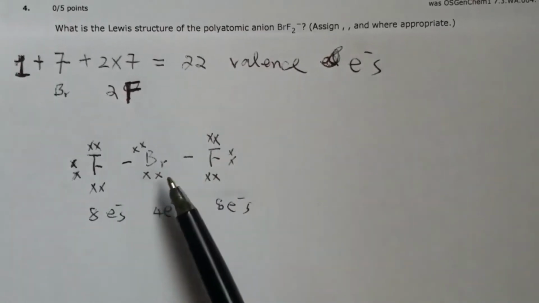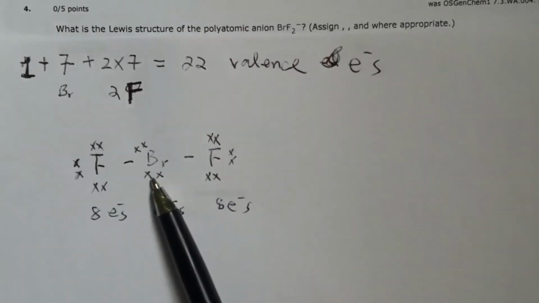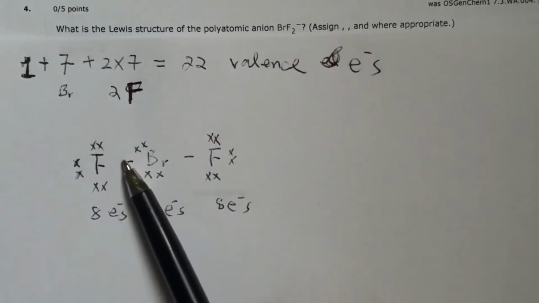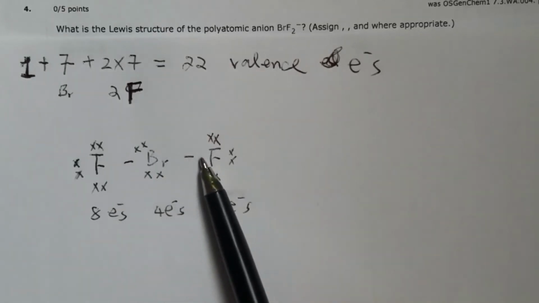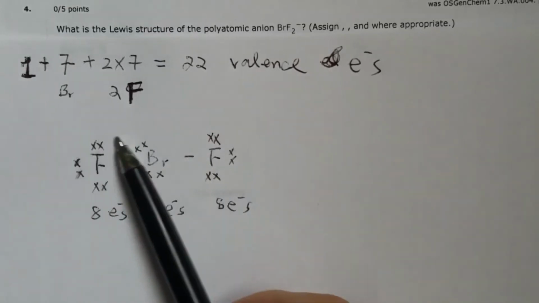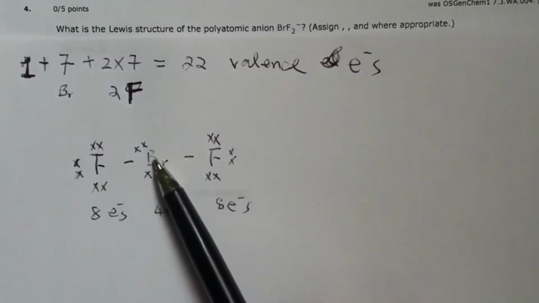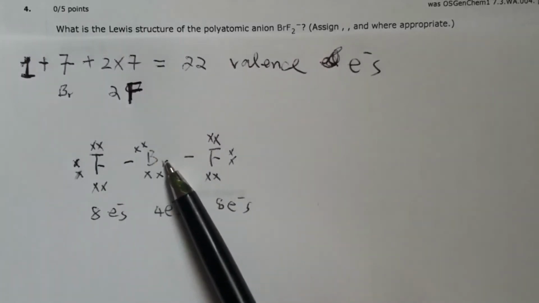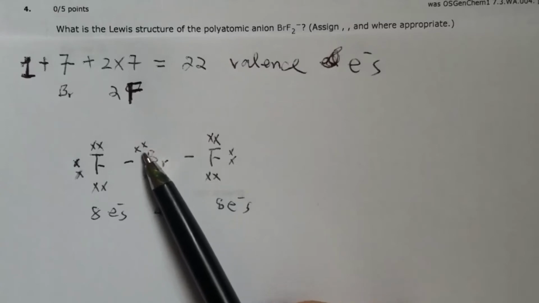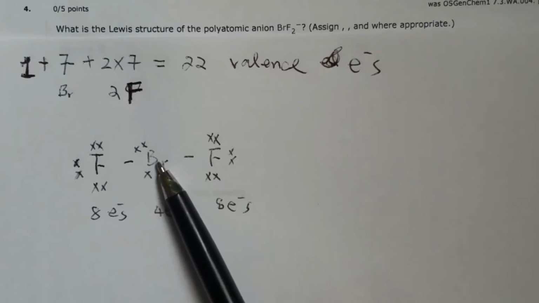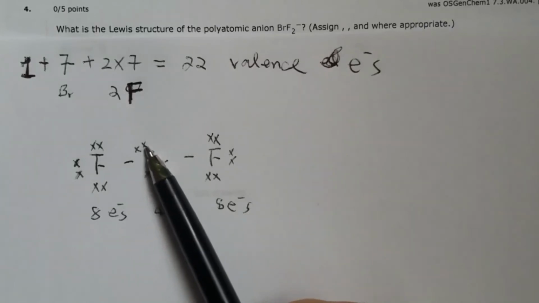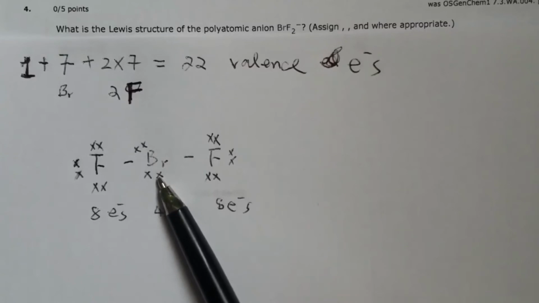But please note, we already counted those bonding electrons for the fluorines, so when we count the non-bonding electrons for bromine, there are actually only 1, 2, 3, 4, only 4 electrons.